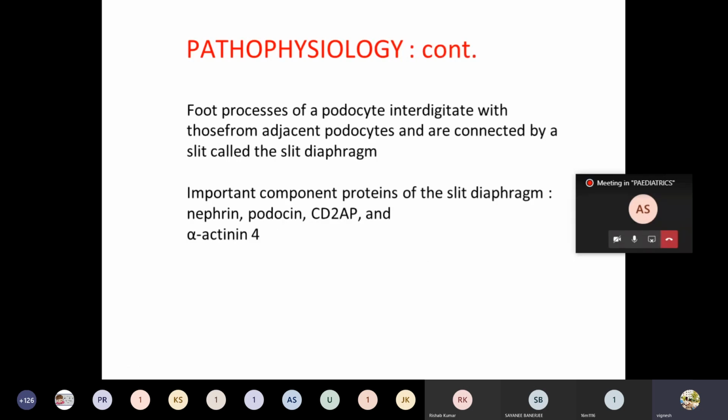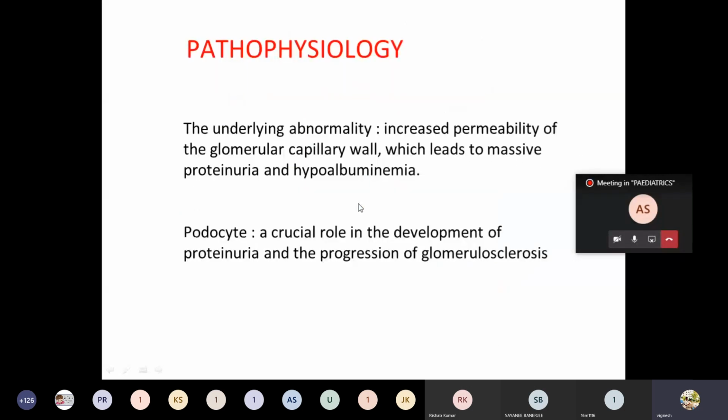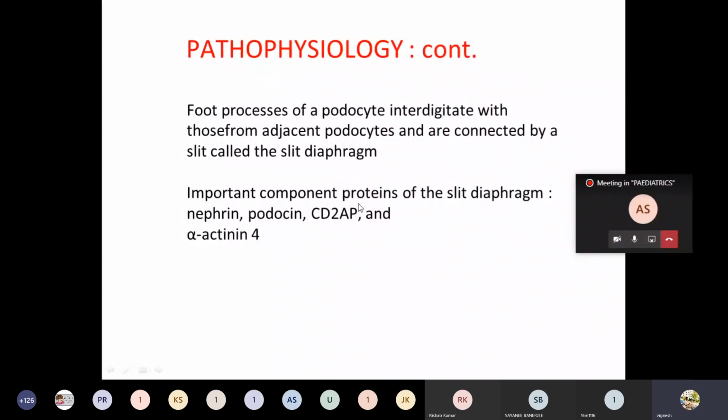The foot processes I have shown previously, these are the foot processes. These foot processes contain podocytes and interdigitate with the adjacent podocytes, connected by the slit called the slit diaphragm, meaning the gapping takes place.